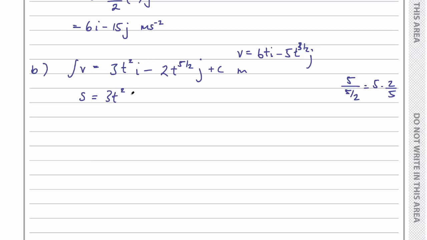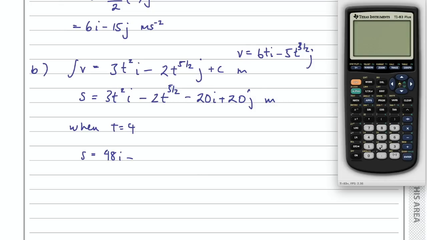This will be 3t squared i, take 2t to the power of 5 on 2, take 20i plus 20j meters. And then when t equals 4, we will have s equal to 3 times 16. That's 48i. 4 to the power of 5 on 2. Let's just put that into a calculator.